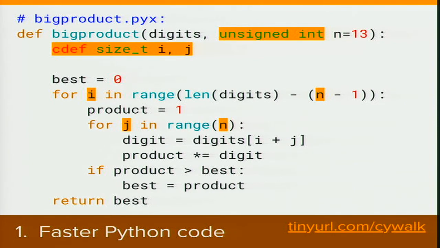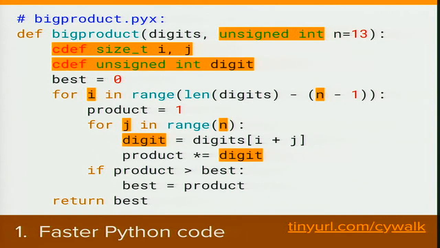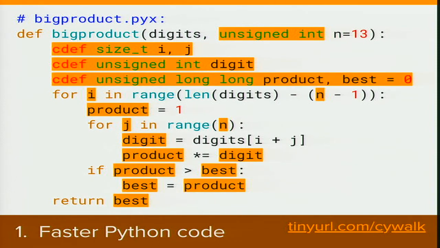Secondly, we'll convert the i and j loop parameters into the C size_t type, and for that we introduce the cdef syntax, which declares the types at the start of the function, just as you would expect to do in C. We'll convert digit, which is our multiplier variable, into an unsigned int, and we'll convert product and the best product, which we'll be returning, to an unsigned long.